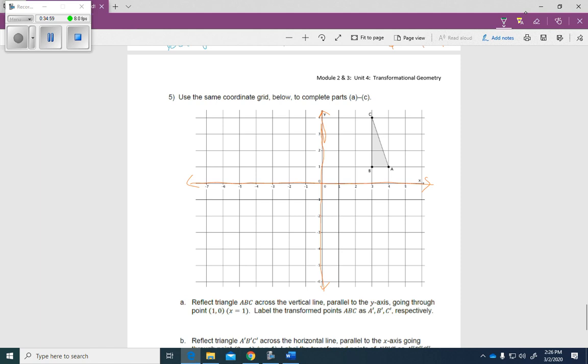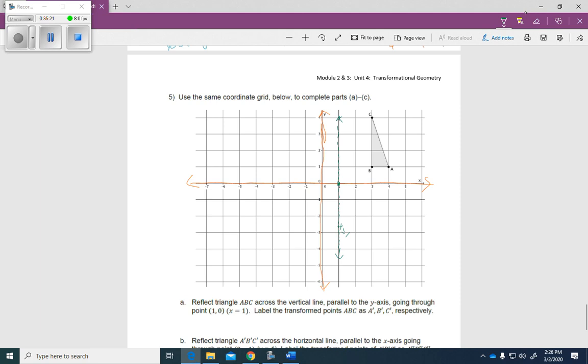The line they want me to reflect over, I'll draw in green, goes through the point 1, 0. I'm going to make it dashed. This green line is what they want me to reflect over. It is the line x equals 1. It is a vertical line. It is parallel to the y-axis.